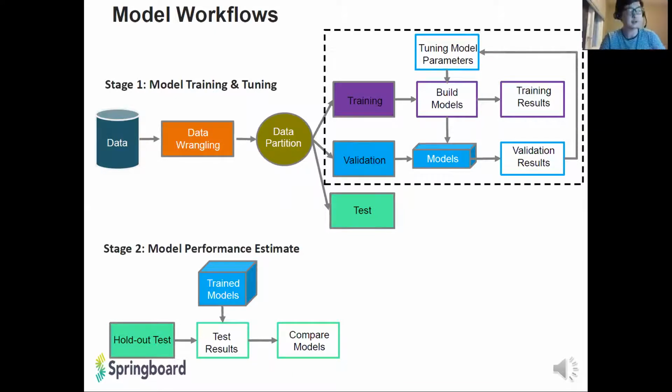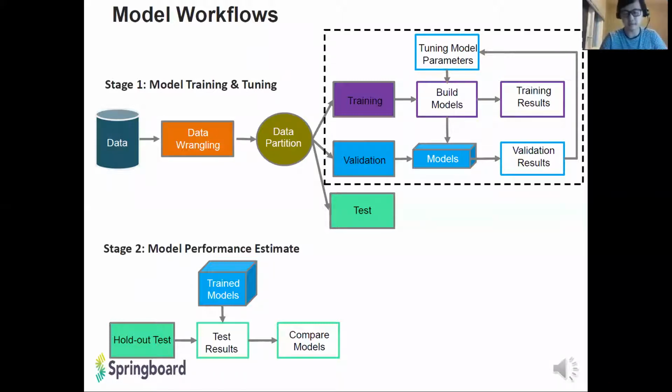When executing the data partition, I take the original data set and divide it into a training set, validation set, and test set in a ratio that I defined, let's say 50%, 20%, 30%, etc. Using the training set, I build and train my model.